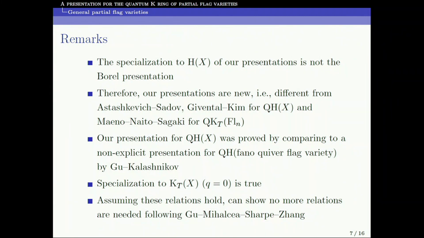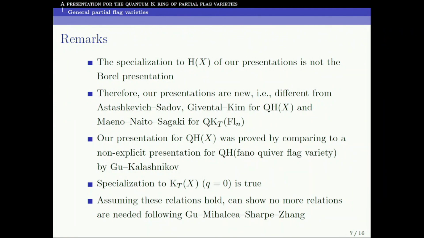The closest presentation in the literature to ours is the presentation for the quantum cohomology of Fano quiver flag varieties by Gu and Kalashnikov. Fano quiver varieties generalize type A flag varieties, and the way they get their presentation is via the so-called abelian/non-abelian correspondence.